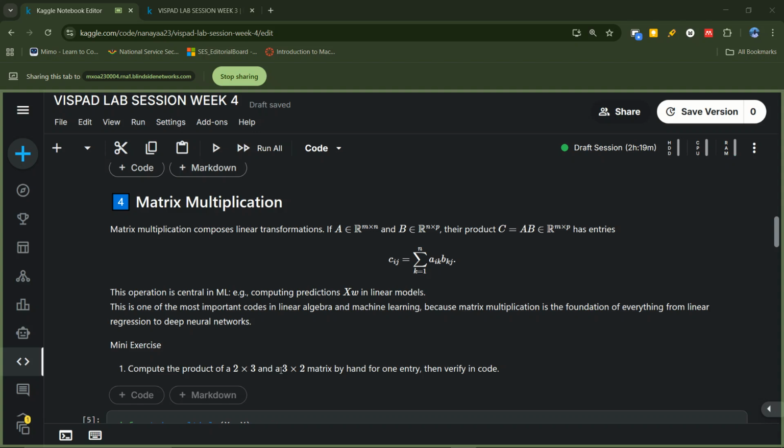And if they do, then you grab the row of the first matrix and the column of the second matrix, so it becomes 2 by 2, which tells you the dimension of your final matrix.